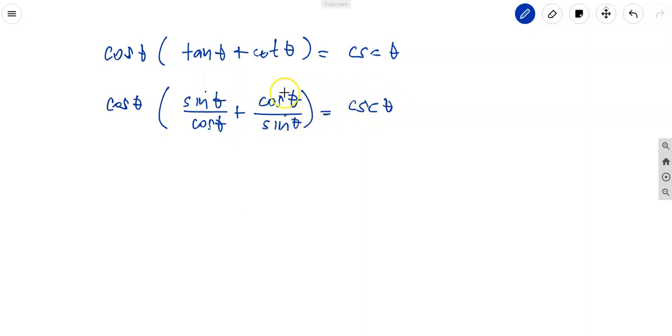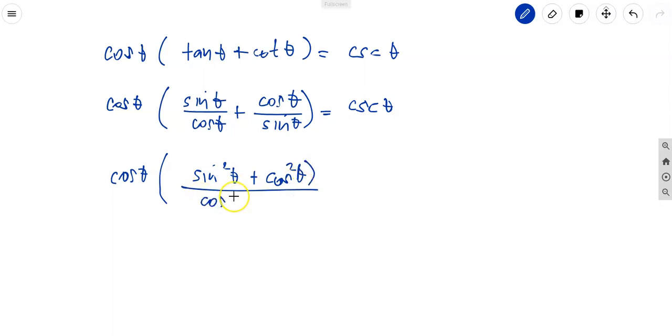So we will focus on the left hand side of the identity. We cannot add the two of them directly, so we cross multiply. We have sine squared theta plus cosine squared theta all over sine theta, and this is the Pythagorean identity.